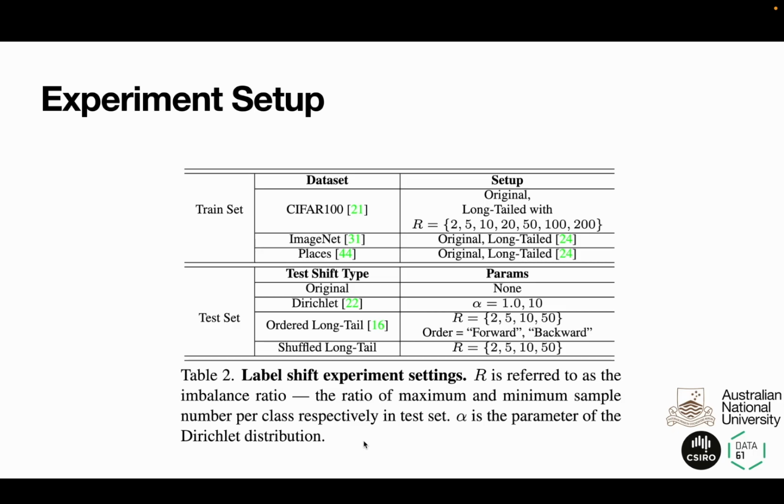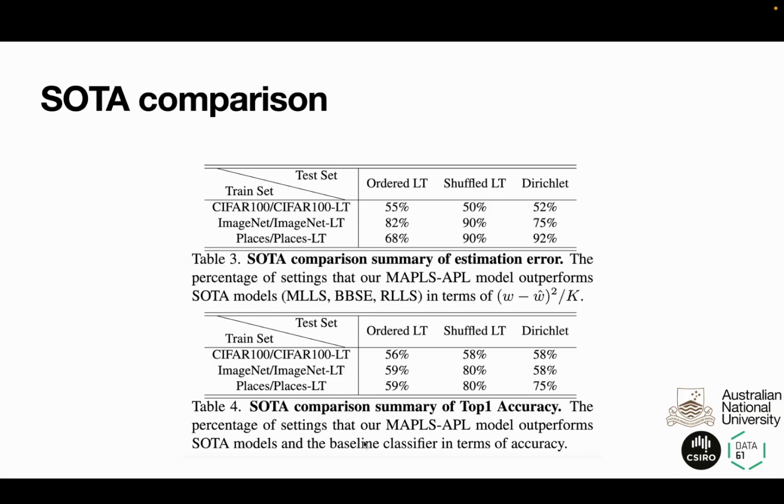The performance of the models is evaluated in terms of the label shift estimation error and the top 1 accuracy of the label shift corrected classifier. As shown in the tables, in terms of the label shift estimation error, our model outperformed previous SOTA models in at least 50% of experiment settings. We also outperform other models in terms of top 1 accuracy in a significant percentage of the settings.